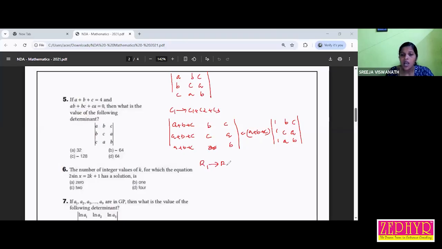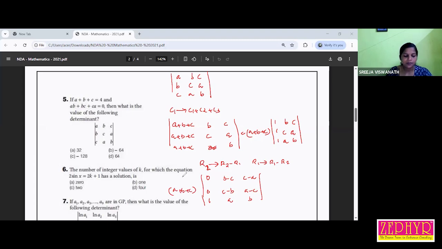R2 changes to R2 minus R1, sorry, R1 changes to R1 minus R2. R1 changes to R1 minus R2 means 0, B minus C, C minus A. R2 changes to R2 minus R1: 0, C minus B, A minus C. And the third row stays 1, A, B. Now take A plus B plus C outside.